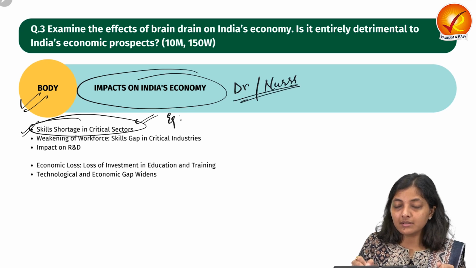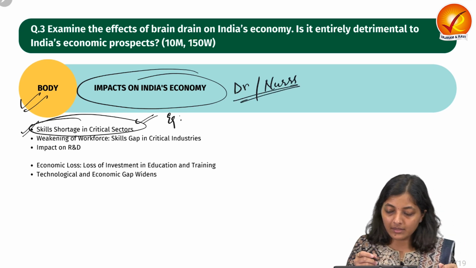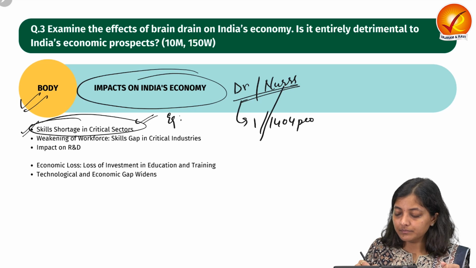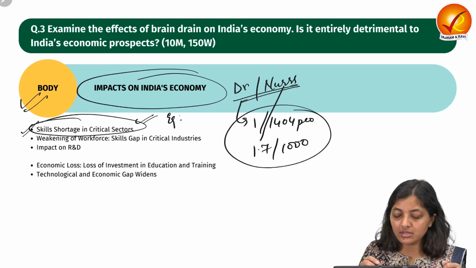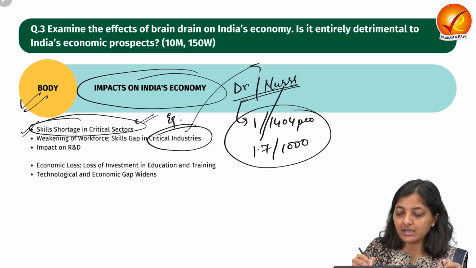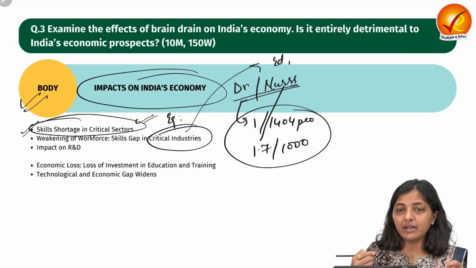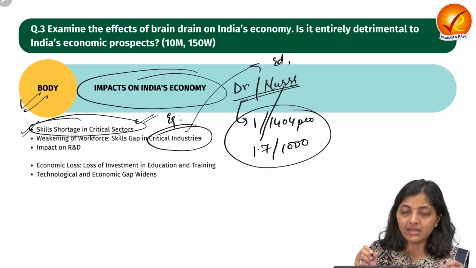So this creates a shortage in the home country, that is India. Like now the doctor ratio is 1:1404 people and nurses are 1.7:1000 people. So this creates a shortage in critical industries like education, healthcare, engineering, technology, AI, data analytics, etc. You can give any example.